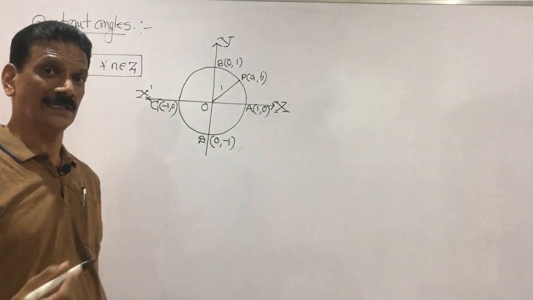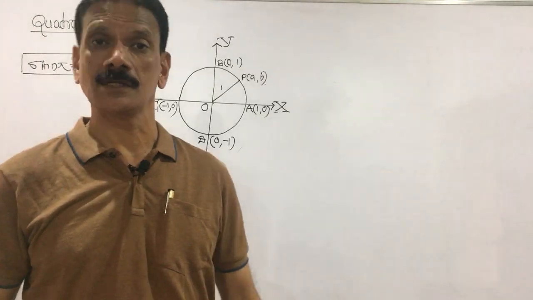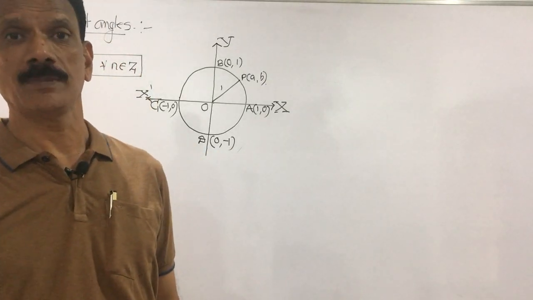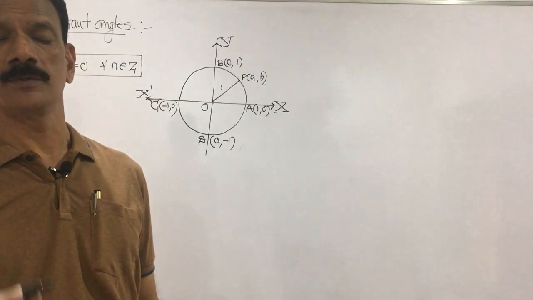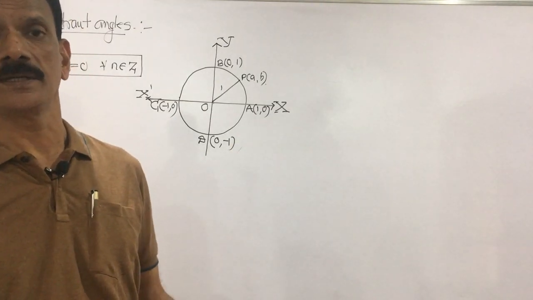And sin n pi is 0 means tan n pi is also 0, because tan n pi is sin n pi divided by cos n pi, and sin n pi is 0, so 0 divided by cos n pi is 0.